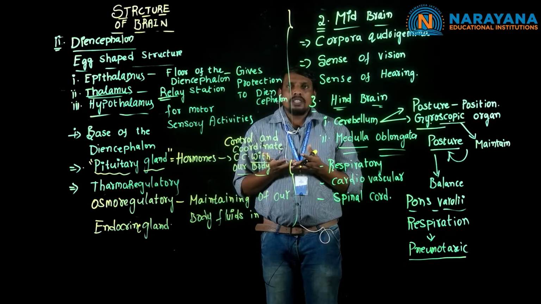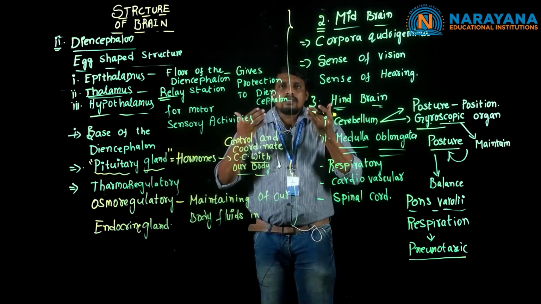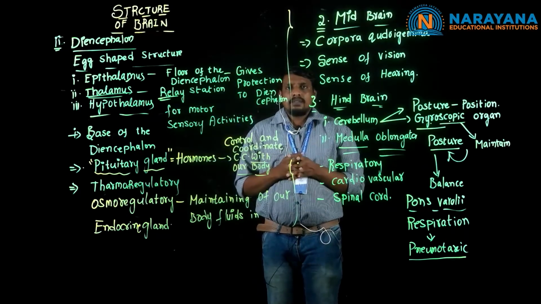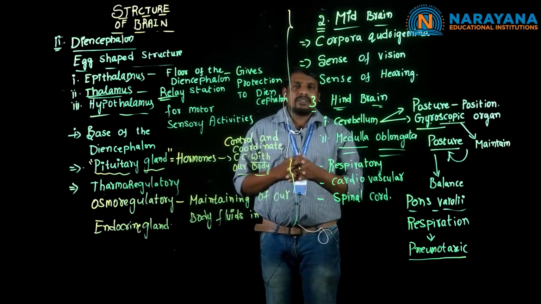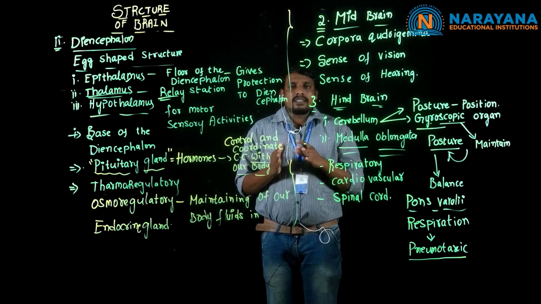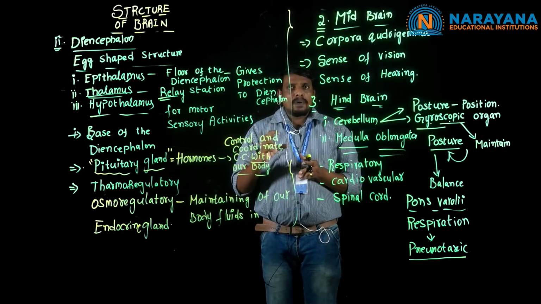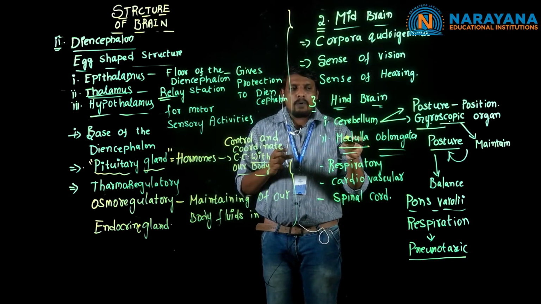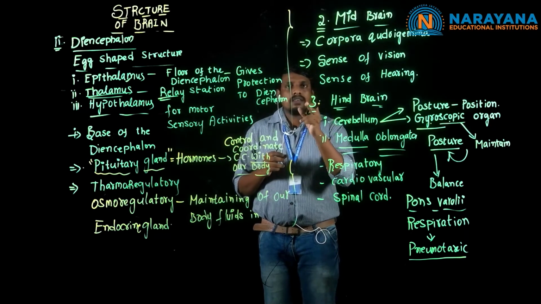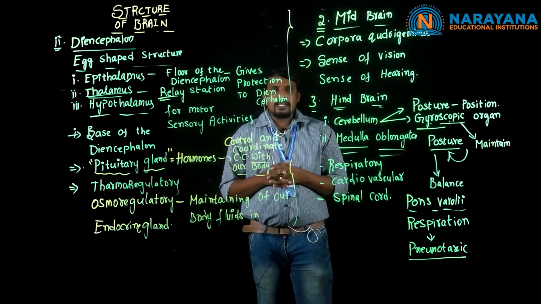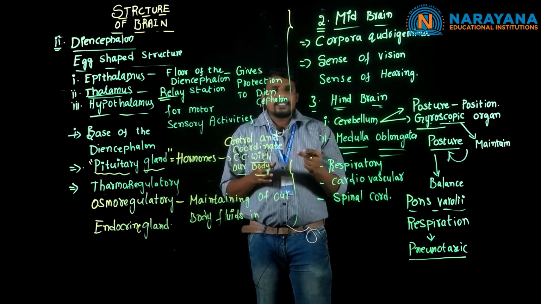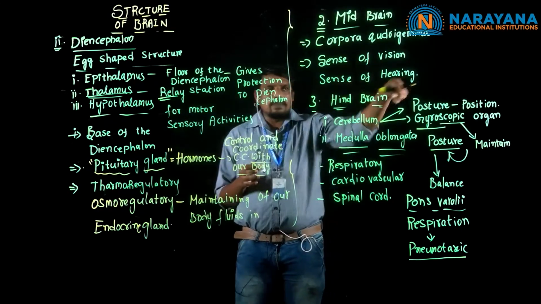During exhalation, carbon dioxide is removed. During inhalation, oxygen is taken by the blood through the lungs by diffusion. In this case, concentration varies. To maintain this concentration at a proper level, the pneumotaxic center, which is located in the pons varolai, has a role. Clear, Nana?